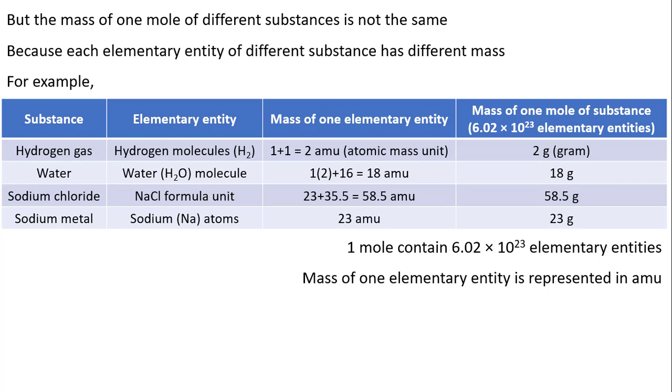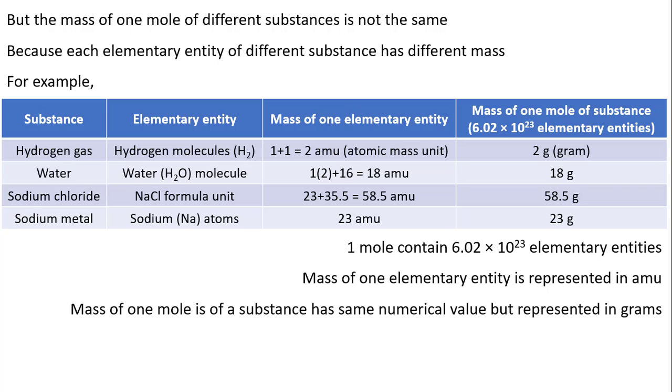Mass of one elementary entity is represented in amu. So if we talk about hydrogen gas, the elementary entity is going to be the hydrogen molecule, and the mass of one hydrogen molecule will be represented in amu. That's 2 amu. But the mass of one mole of hydrogen will be 2 grams. It's going to be represented in grams, and that's what I have shown here.